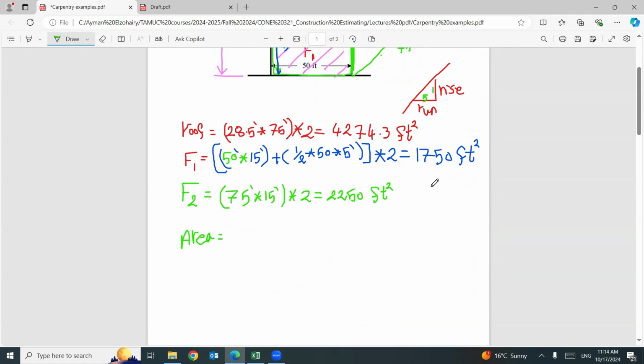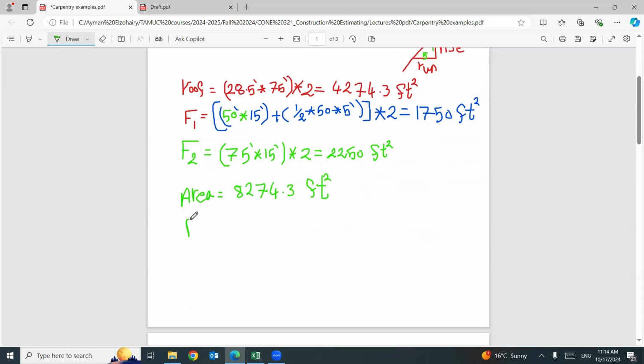So the total area will equal 4,274.3 plus 1,750 plus 2,250. So the total will be 8,274.3 square feet.